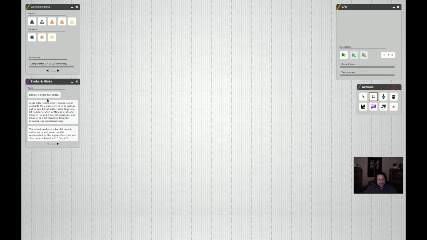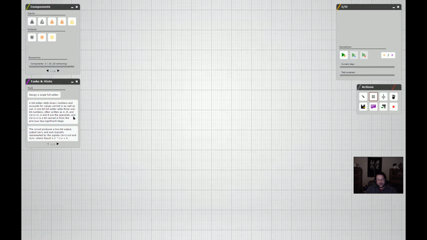So we're supposed to design a single full adder, and they told us about it last time. We're adding binary numbers, accounting for values carried in as well as out. A full 1-bit adder adds three 1-bit numbers written as A, B, and carry in.